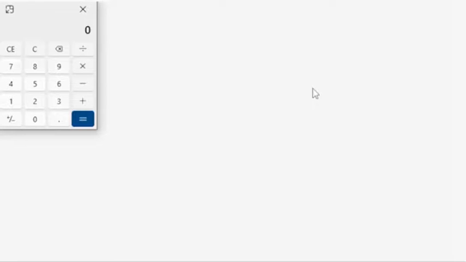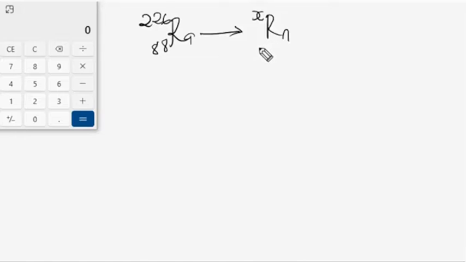Here we have the elements to give this 86 here, then plus alpha particle.